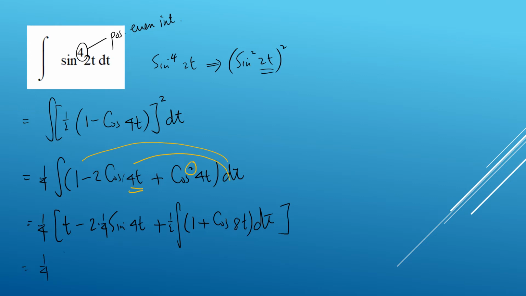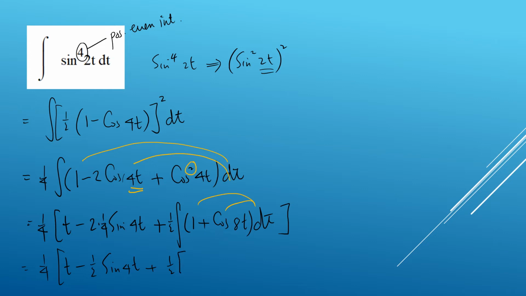So 1/4 quantity t minus 2 over 4 is 1/2 sine of 4t plus 1/2. We integrate these two, dt and cosine 8t dt.